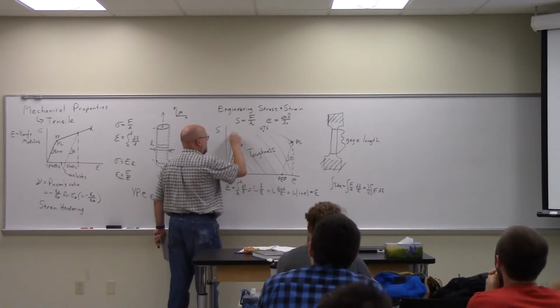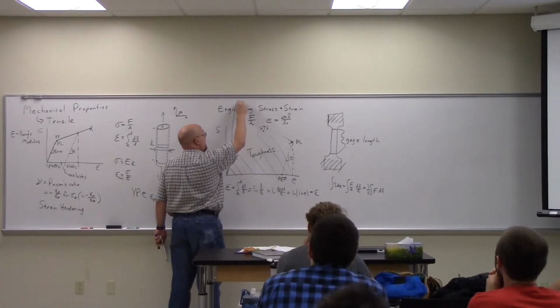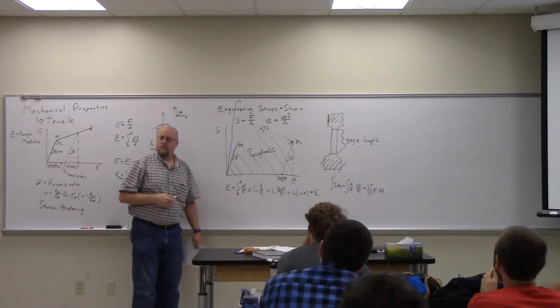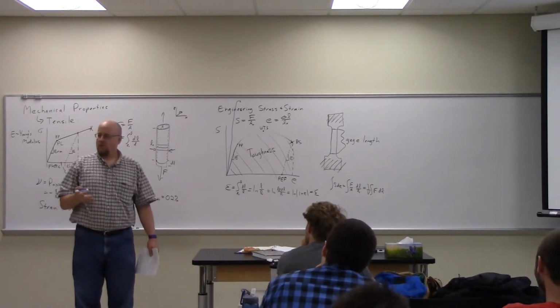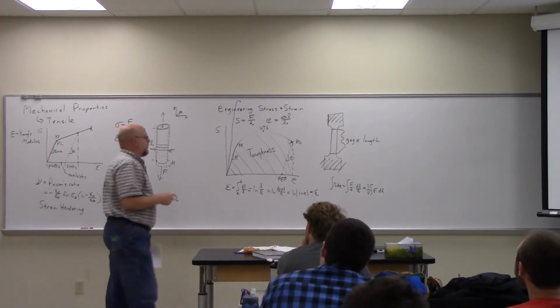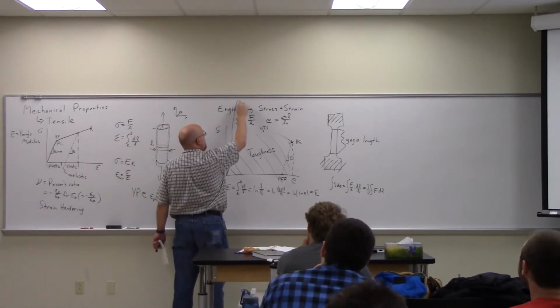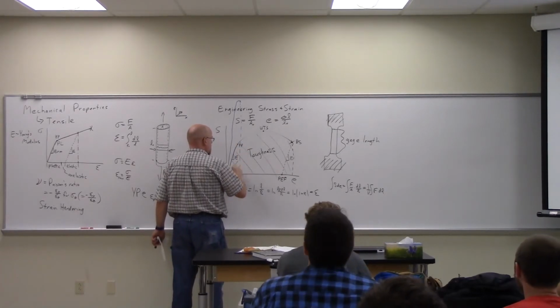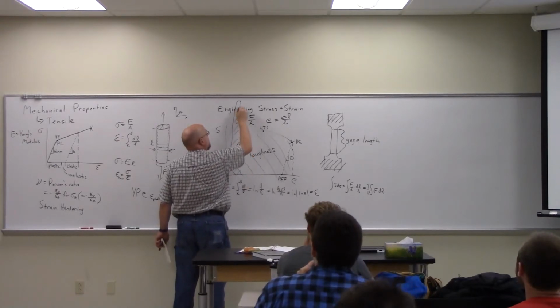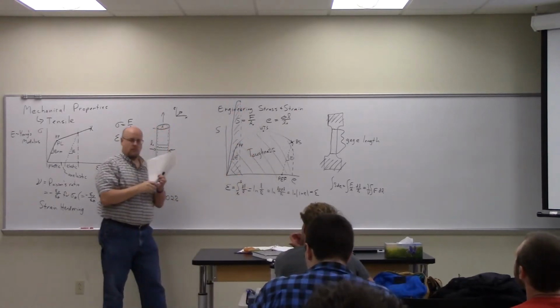So glass would look like this. Right? Because glass doesn't deform much. It just breaks when it gets to the top. So the toughness of glass, right? What do I want to do here? Fairly small.